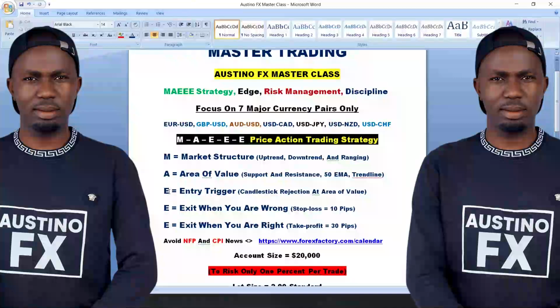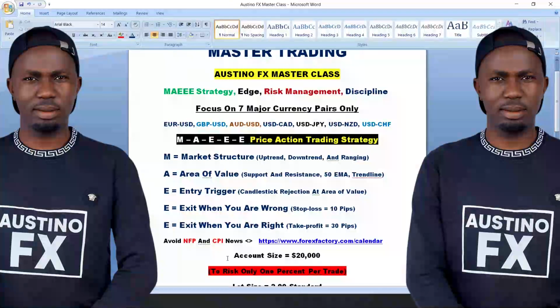Then we'll have the E. The E stands for entry trigger. So what will trigger me to enter a trade? That is what I mean by E, entry trigger. So if the market comes to an area of value, which could be support or resistance level, I don't just rush to take a trade. I wait for a confirmation that will tell me that this level is going to hold.